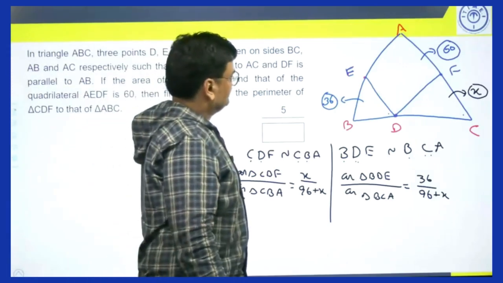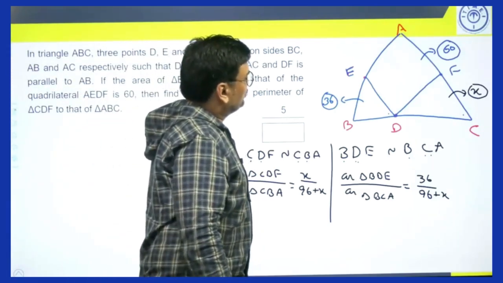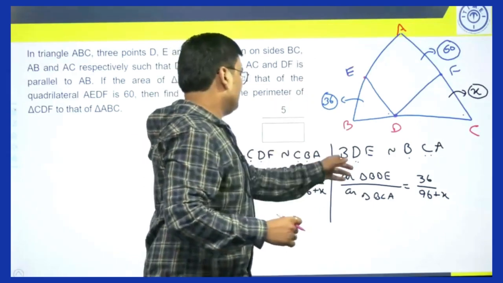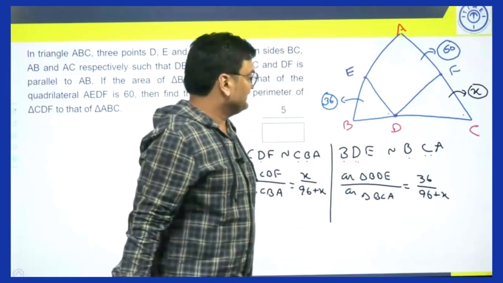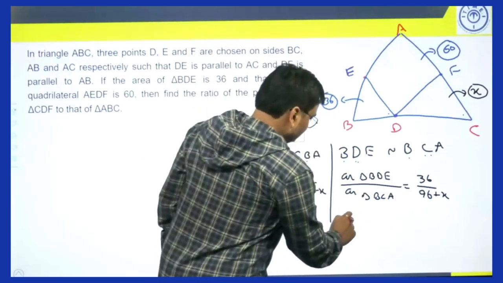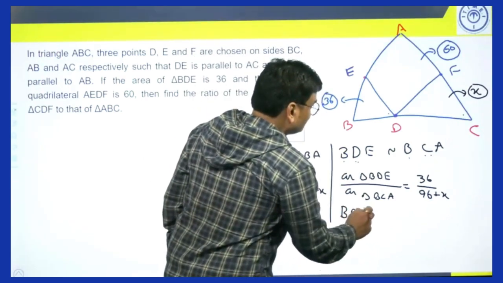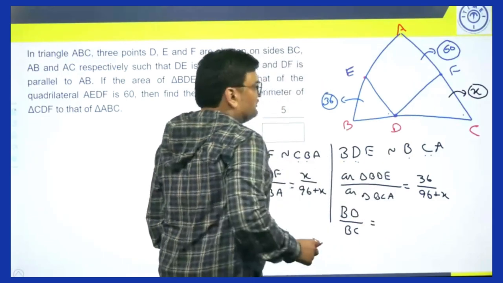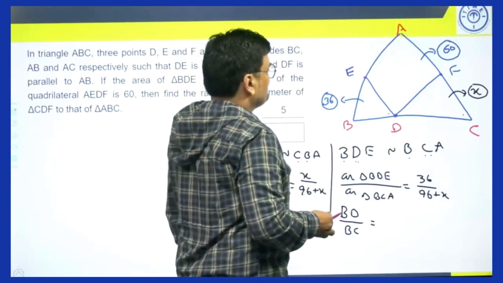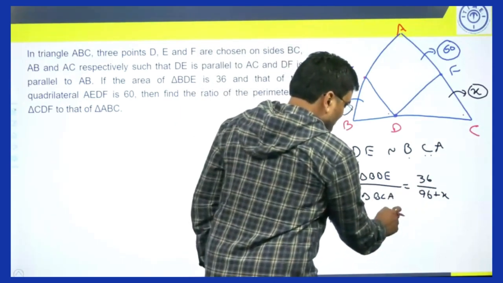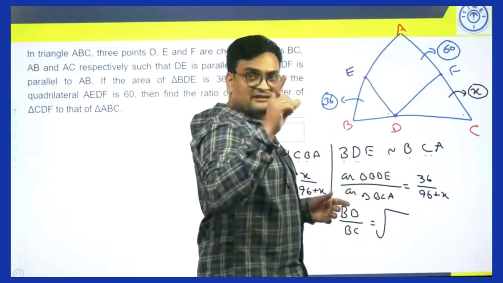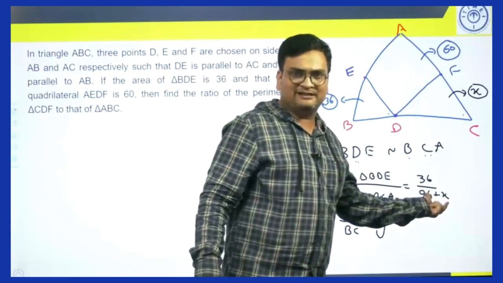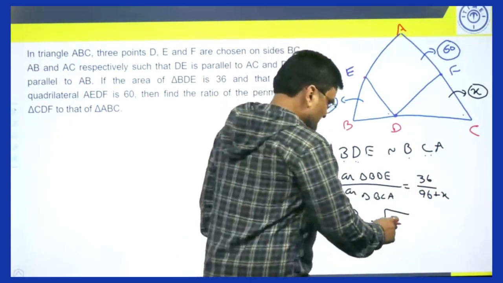One more thing that we can notice here, observe please: if triangle BDE is similar to triangle BCA, can we not say the ratio of BD by BC will be equal to the square root of this, because we just now saw that if the ratio of sides is k, the ratio of areas will be k square. Now we know the ratio of areas, so the ratio of sides will be the square root of this.